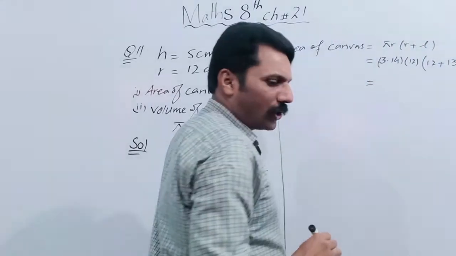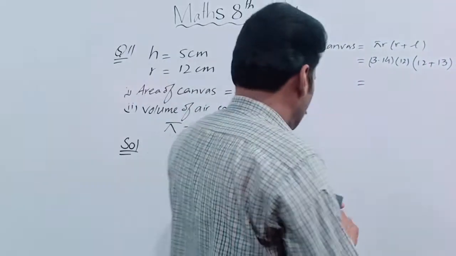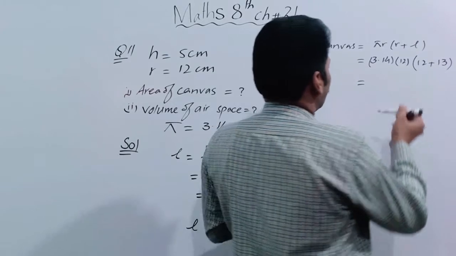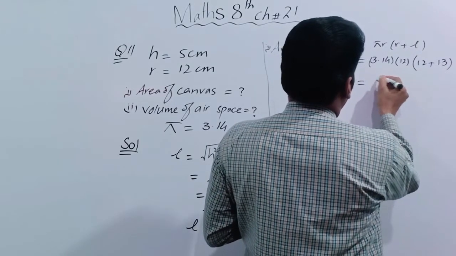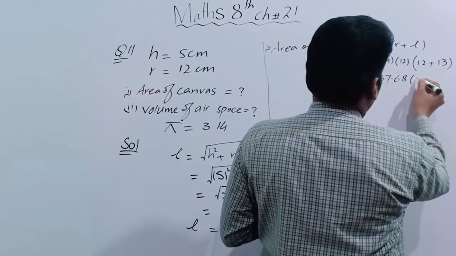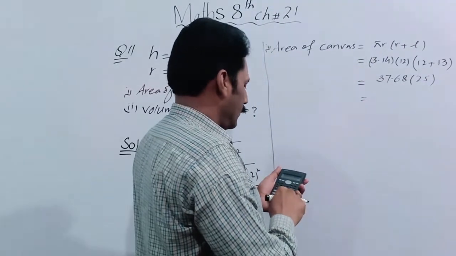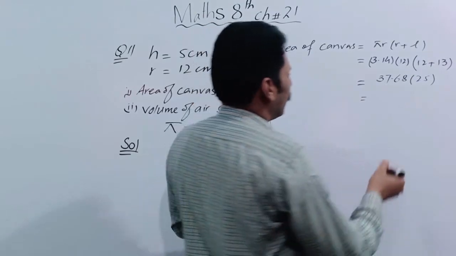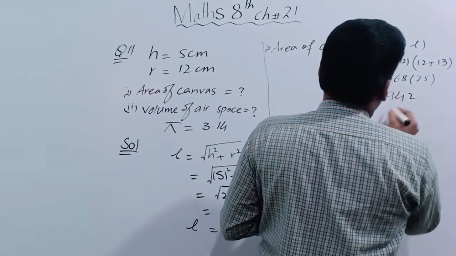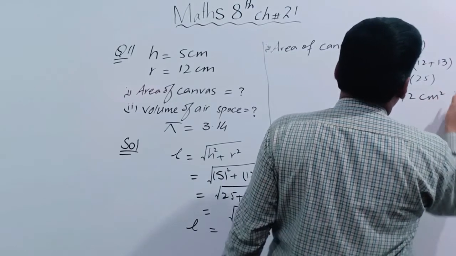Now we will calculate it. 3.14 multiplied by 12 is 37.68, and within the bracket 12 plus 13 is 25. So multiply 37.68 by 25 and the answer is 942, and this is area of canvas, so the unit will be centimeter square.